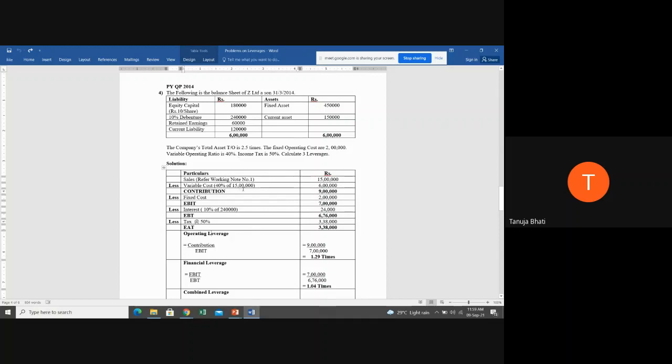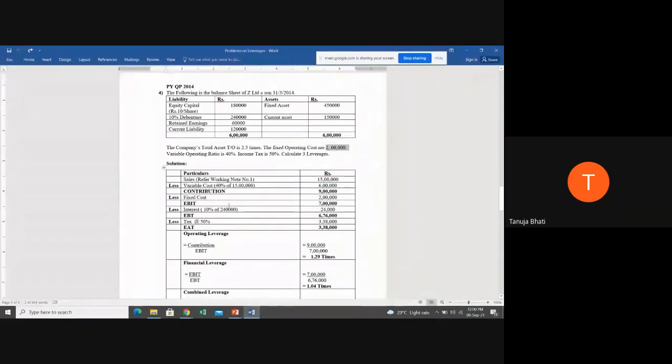So 40% of 15 lakh, you got as 6 lakh. So you got your contribution as 9 lakh, that is 15 lakh minus 6 lakh. Less fixed cost. Fixed cost is directly given as rupees 2 lakhs. So you got EBIT as 7 lakhs, that is contribution minus your fixed cost.